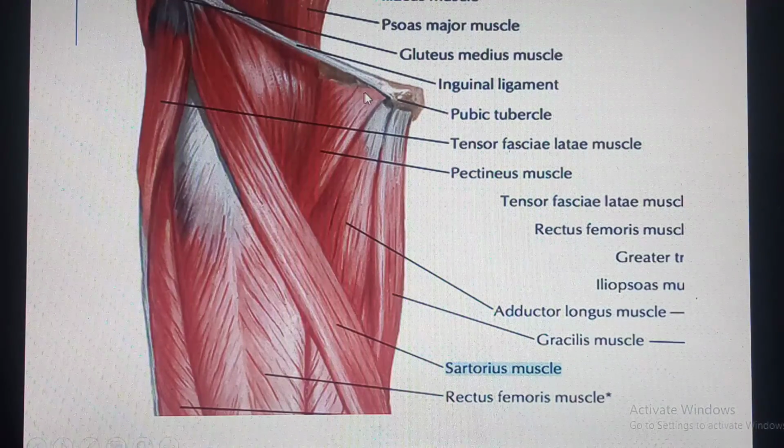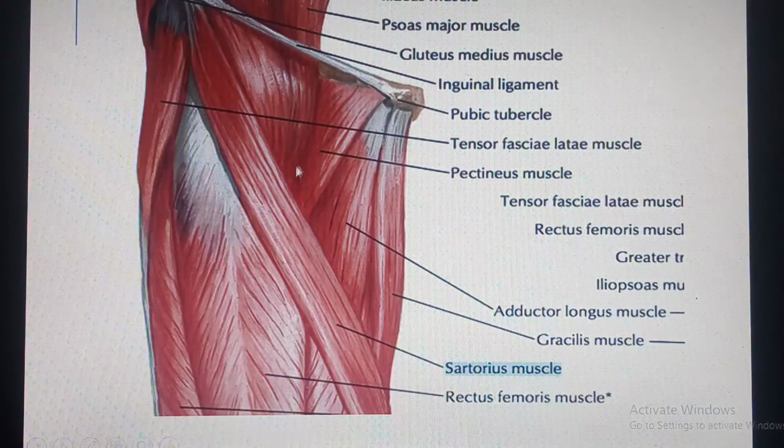Then of course we have the pectineus muscle, taking attachment from the pectineal line. Then we also have the psoas major muscle and iliacus muscle, together forming what we call the iliopsoas muscle. So that is how the structures are arranged from medial to lateral in the floor of the femoral triangle.